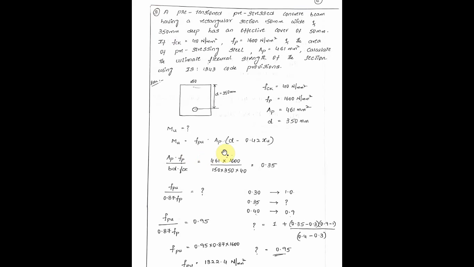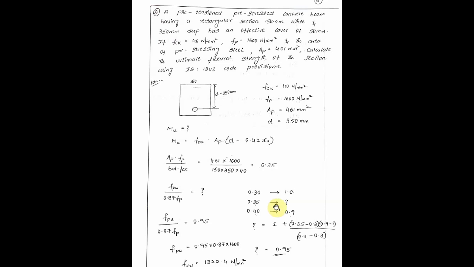Therefore Mu equal to fpu into Ap into d minus 0.42 Xu. Then the effective ratio, that is Ap fp by b d fck, is equal to 461 into 1600 divided by 150 into 350 into 40, that is 0.35. Then the ratio for fpu upon 0.87 fp: this value lies between 0.3 and 0.4.